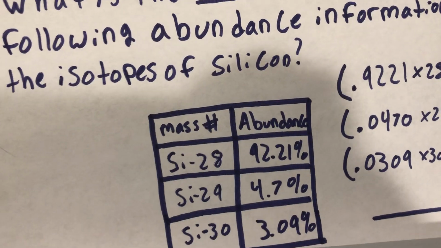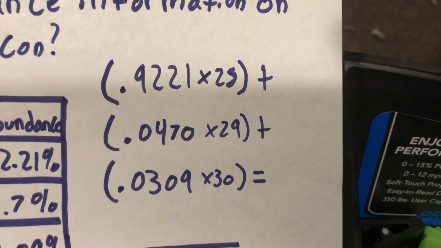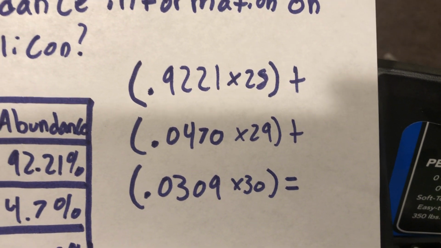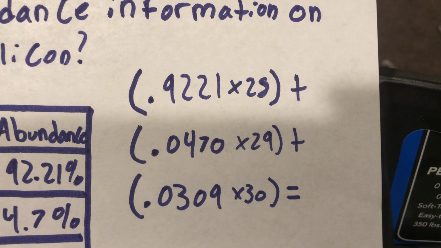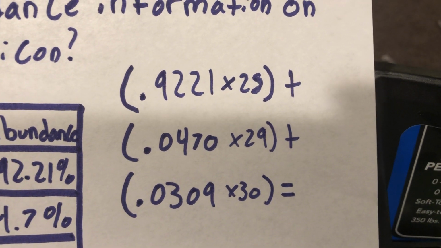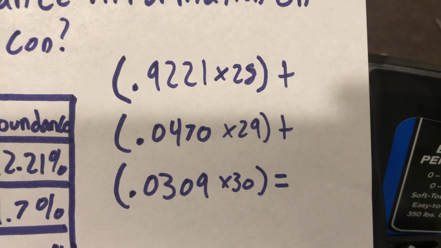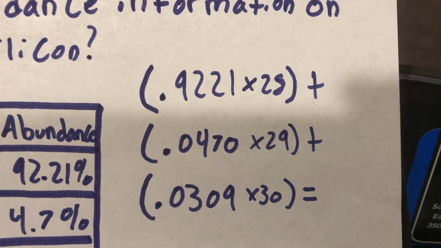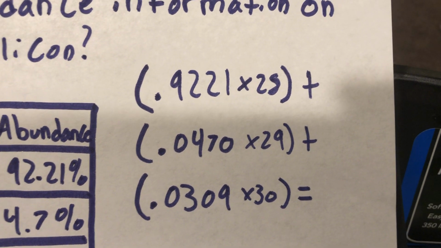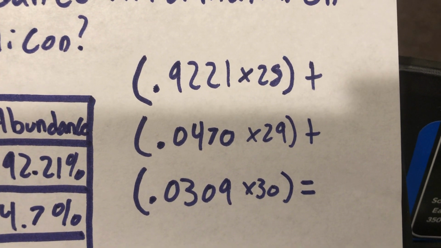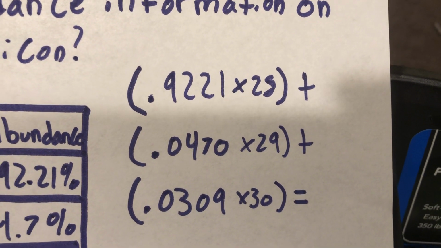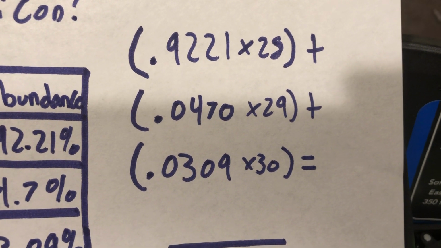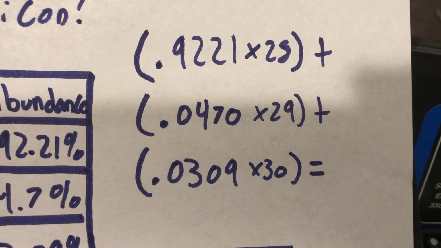We need to take our numbers given and add them up just like this. Since the first one had an abundance of 92.21%, we move that over and make it a decimal. When you're converting a percent into a decimal, you just move the decimal place over 2 to the left. So we get 0.9221 times 28, and the 28 comes from the mass number. You're going to add that with the abundance times the mass number of the second one.